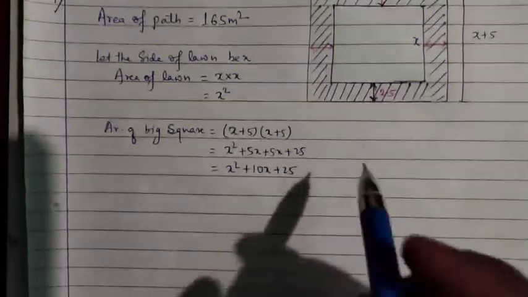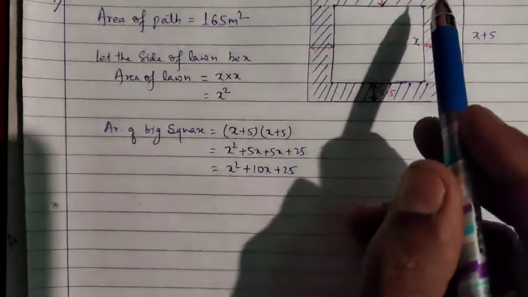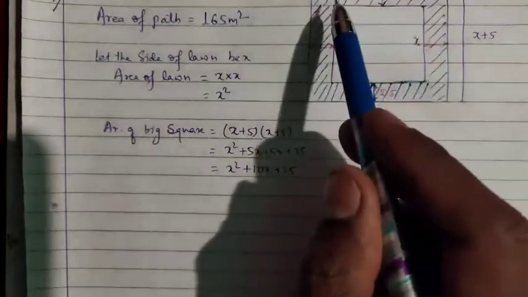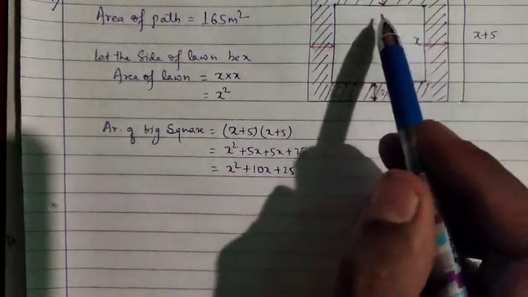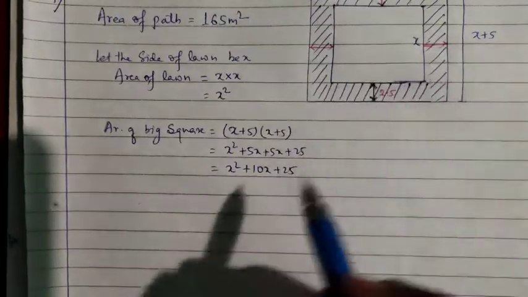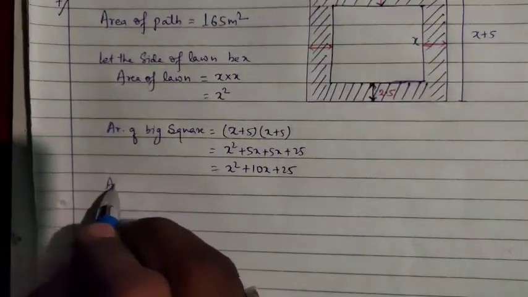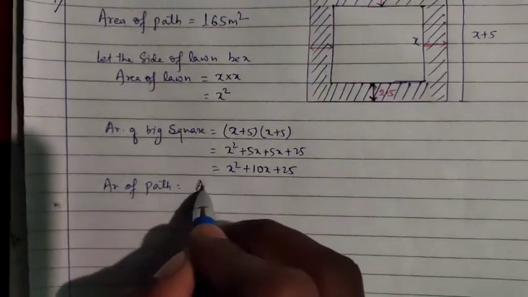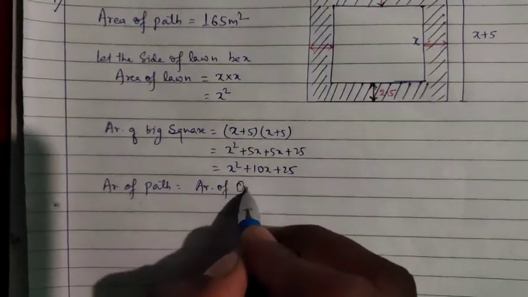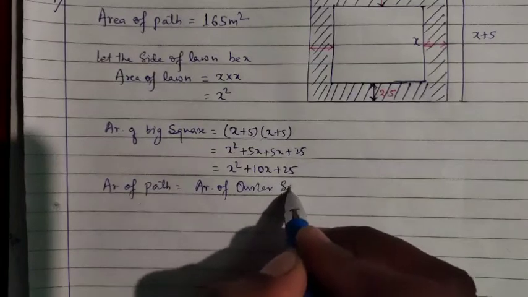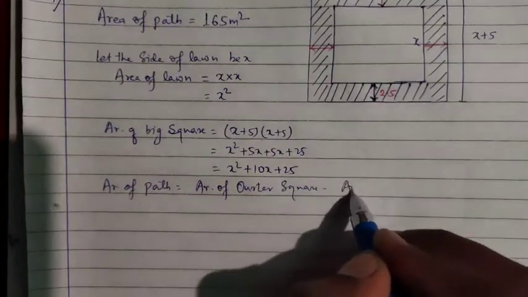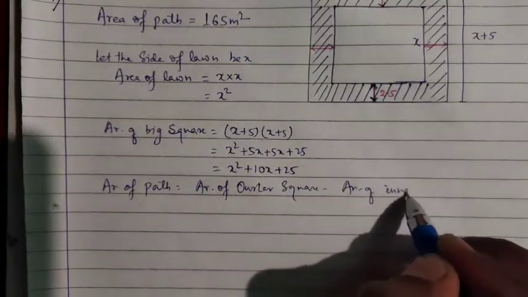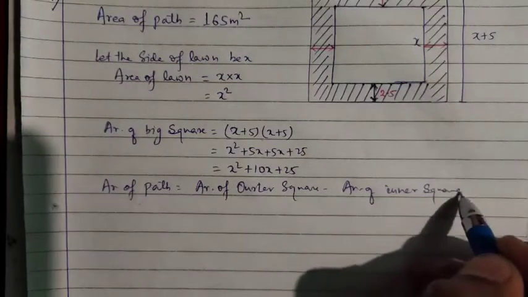Now according to the concept, outer area minus inner area will give the area of path. So we can write area of path is equal to area of outer square minus area of inner square.